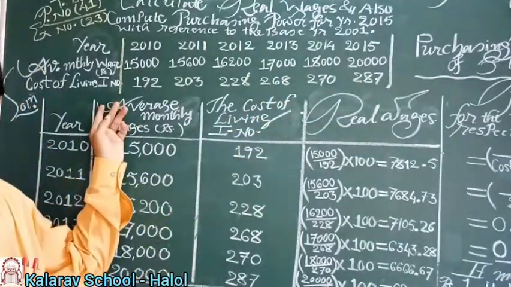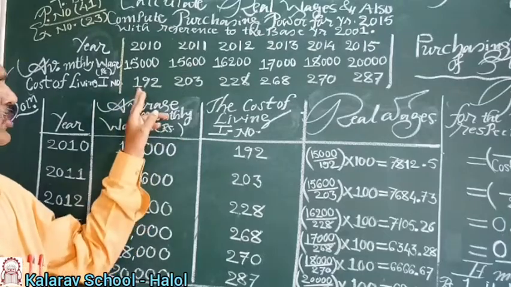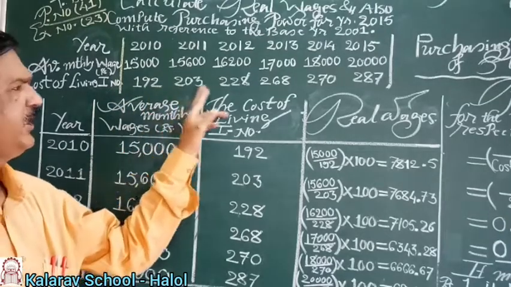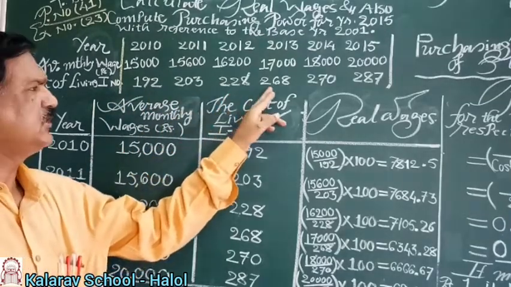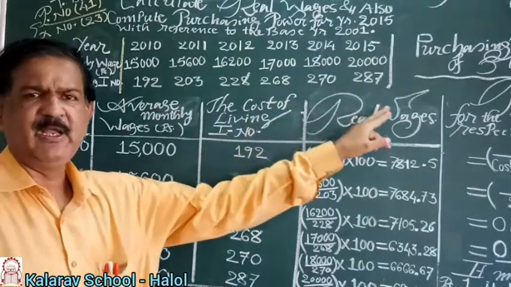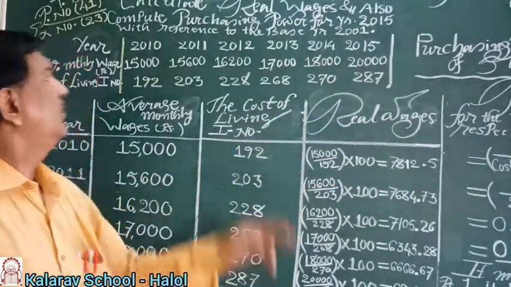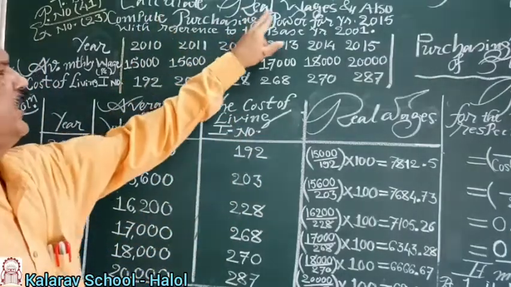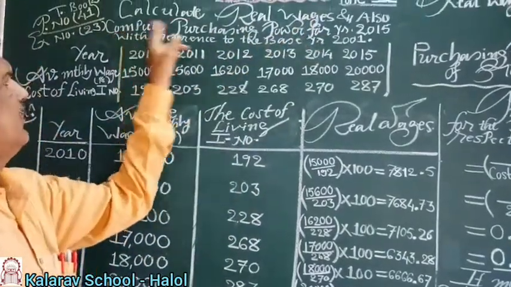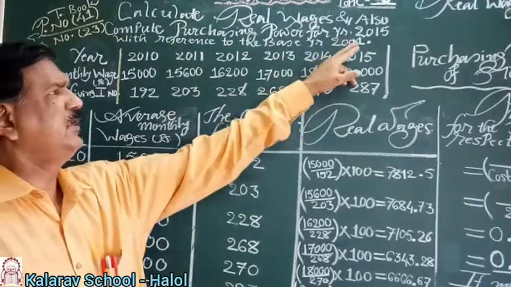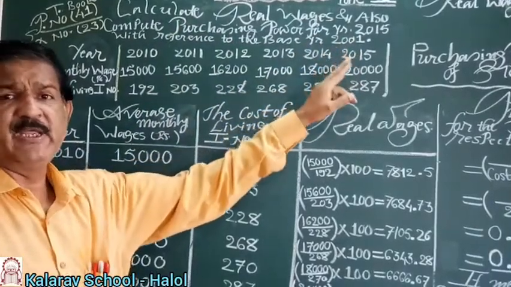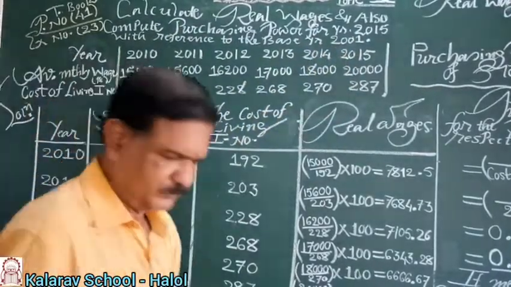While their index numbers are 192, 203, 228, 268, 270 and 287. What we have to calculate? Calculate real wages and also compute purchasing power for the year 2015 by taking 2001 as a base year.